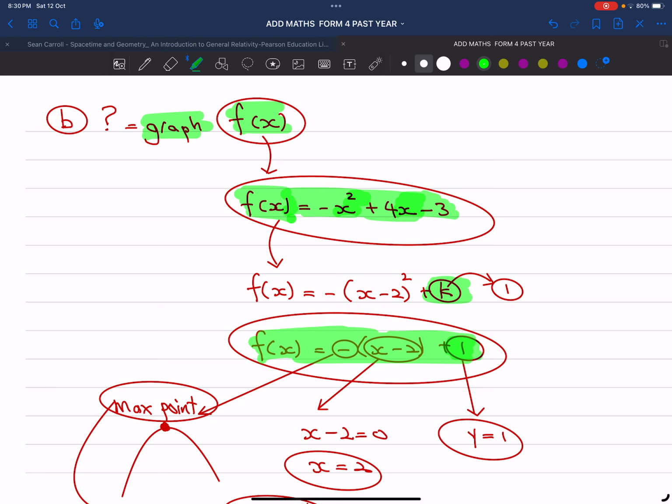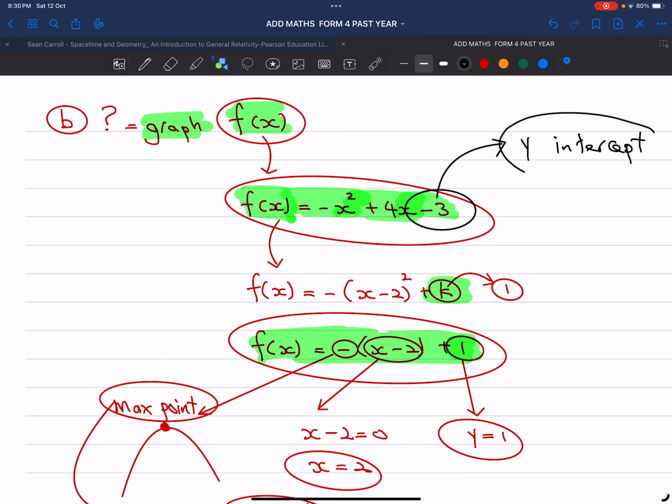So now this quadratic function, this is the first form, and this would be the second form. We'll be using both. From the first form, this negative 3 is the y-intercept. The last number is the y-intercept. So now y-intercept equals negative 3. We are going to use this later.